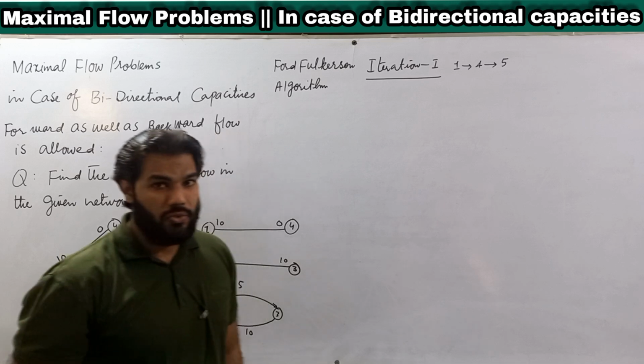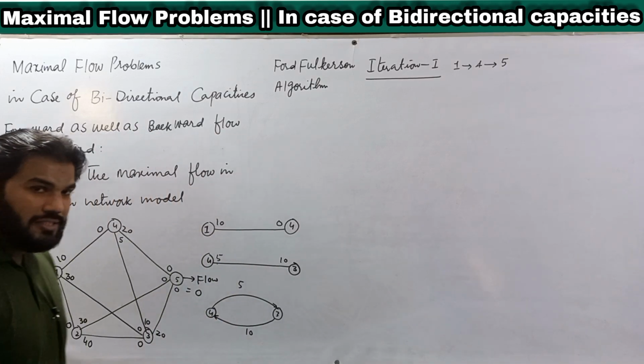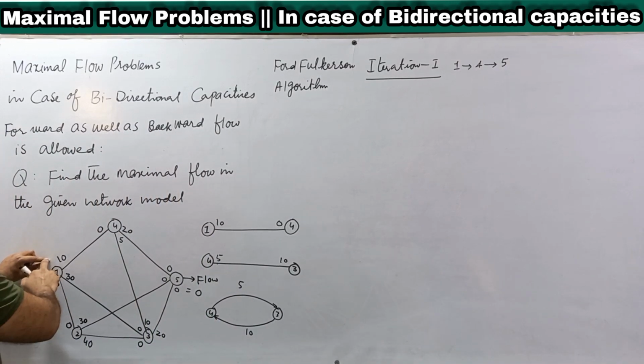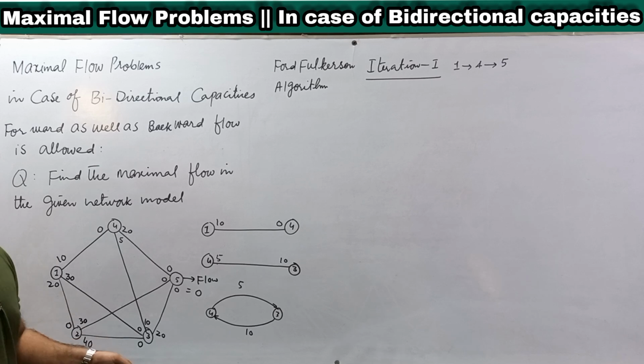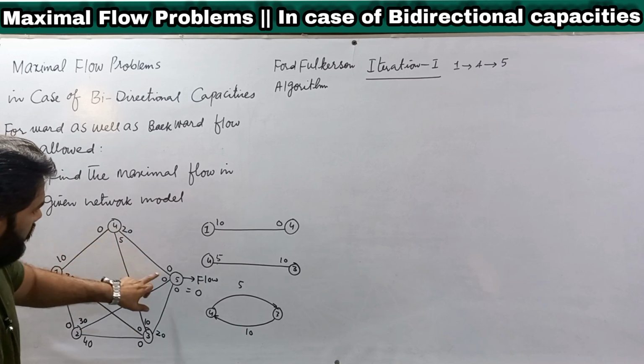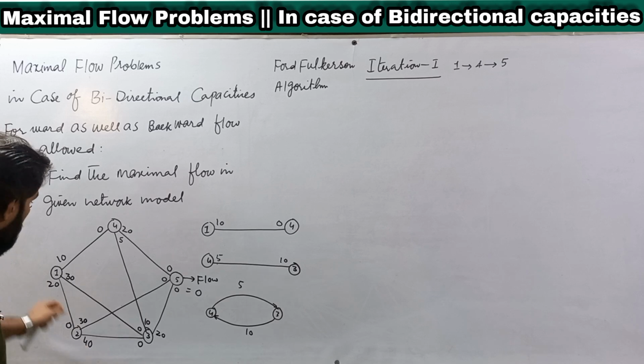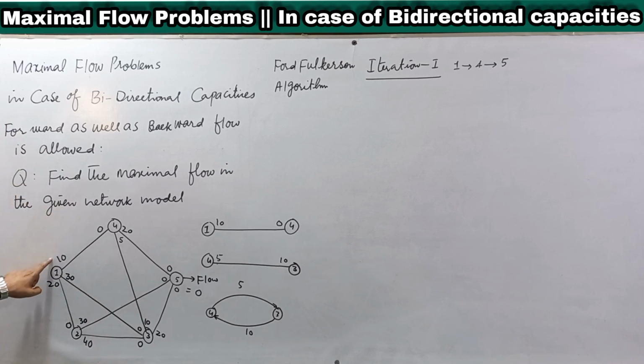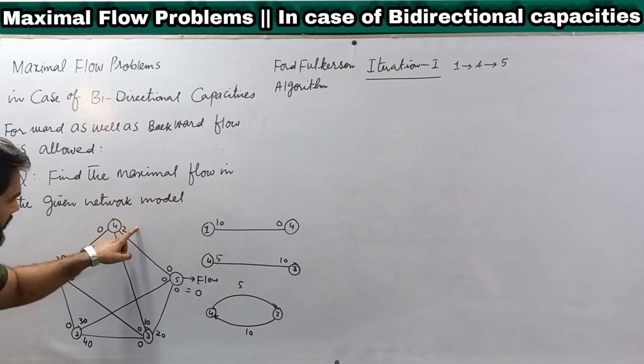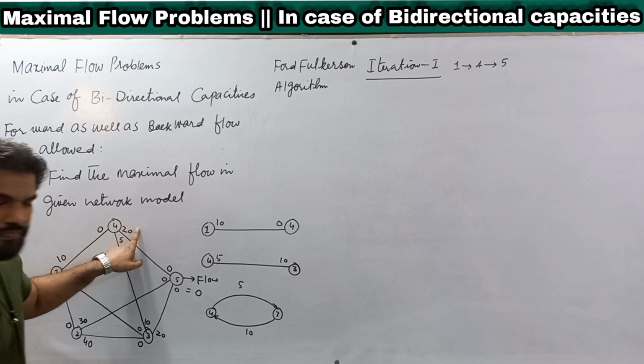This path consists of two edges. One edge is node 1 to node 4 and the other edge is node 4 to node 5. These two edges have non-zero capacities: the first edge has 10 units, and the second edge has 20.